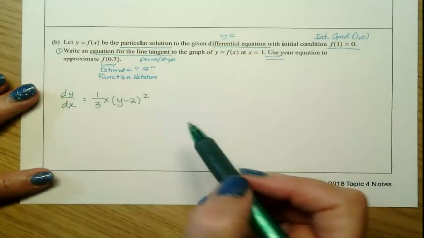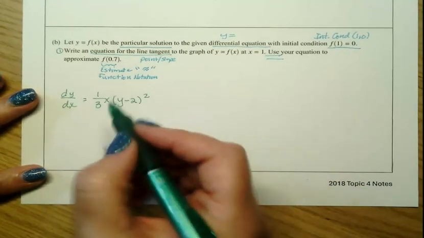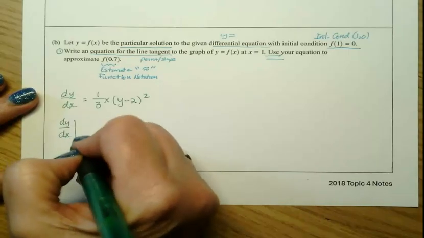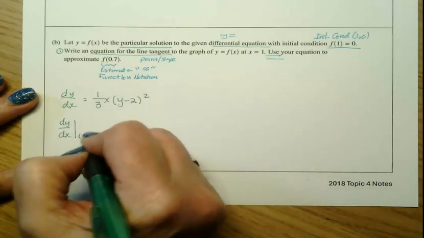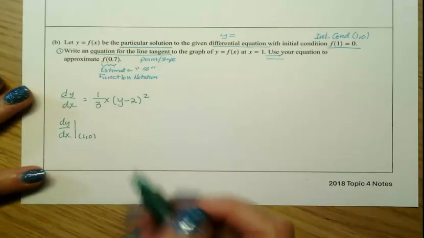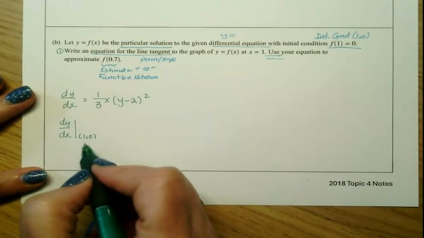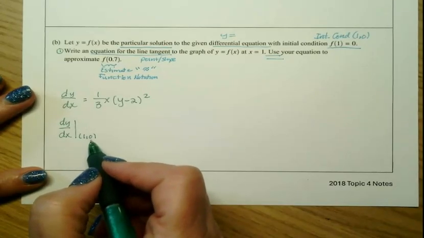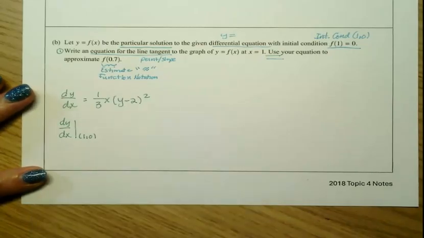Since this is already our derivative equation, dy/dx, I can just simply evaluate dy/dx at the point 1, 0. So remember your notation: evaluation symbol and the point. So we're going to plug in the 1 for the x's and a 0 for the y's, and we're going to calculate the slope. So pause your video, calculate the slope.